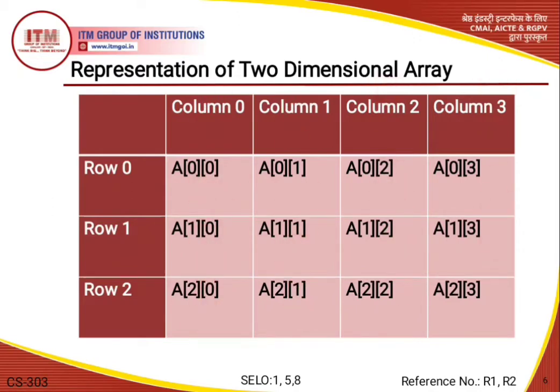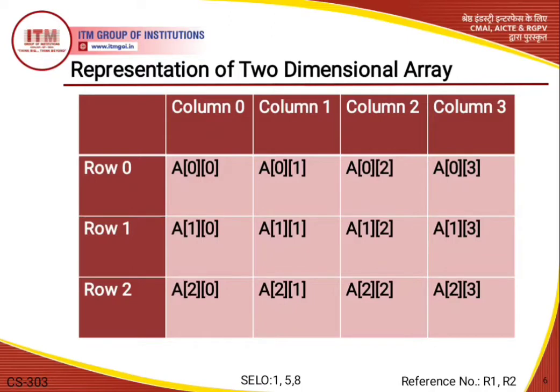When we talk about the representation of this row and column structure, when it's represented in the form of an array, then the address for the first element is represented as 0, 0. Here this first 0 is represented as row 0 and this 0 is represented as column 0.